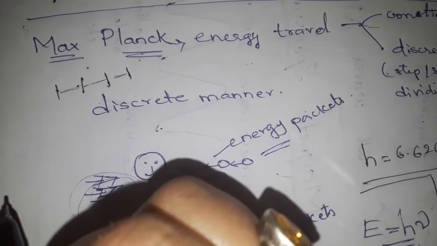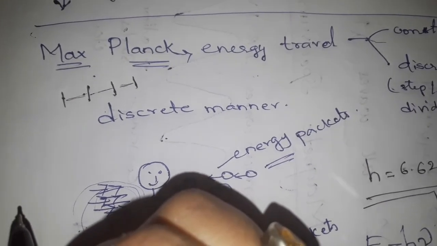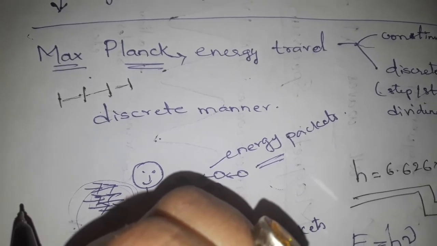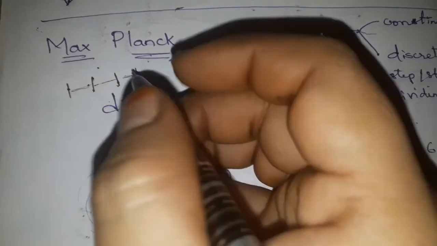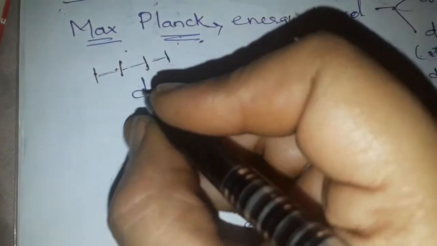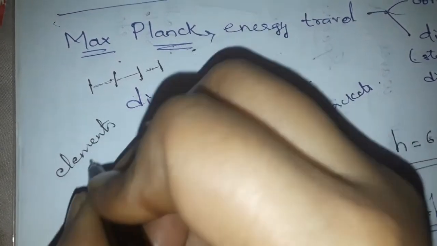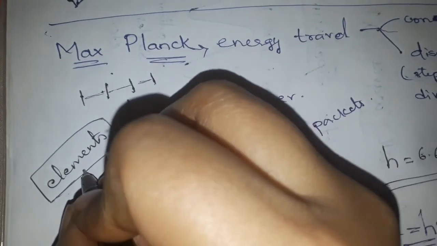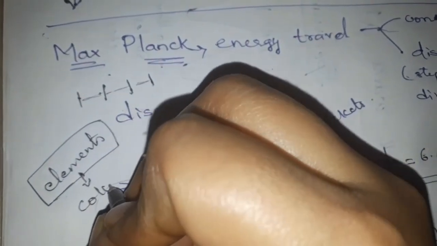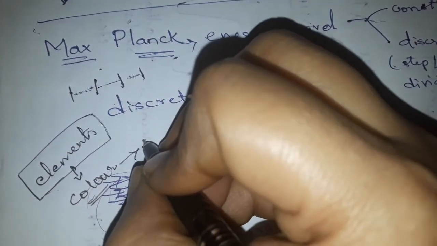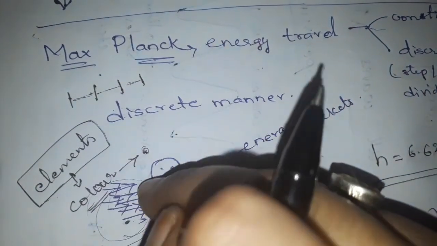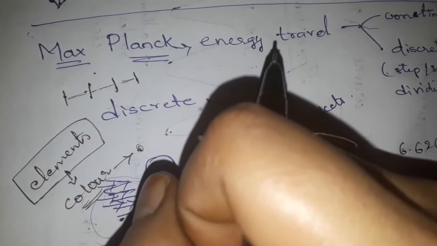The lines in atomic spectra can be used in identifying the elements of an atom. How? When an element emits some color, and it falls in one line spectrum, then we can say this is the element showing this spectrum.